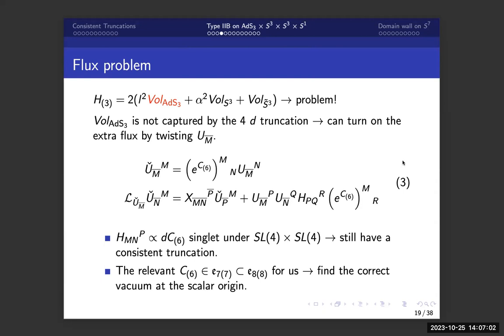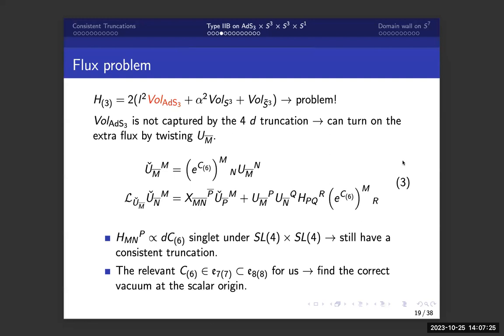And so you see from this equation that in order to ensure that this ends up being a constant times the twisted U, you have to impose that these old untwisted frames stabilize whatever this tensor is, so that this tensor is a singlet under the group SL4 times SL4.